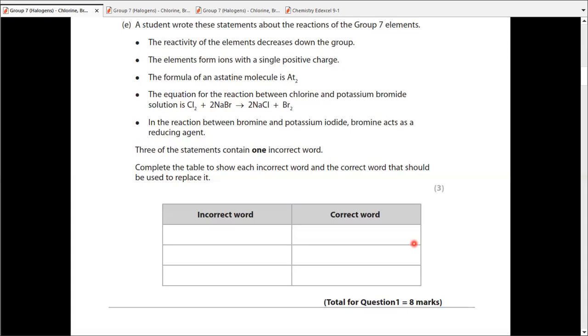Now, this whole part E has been taken from the summary of this chapter. The summarizing points are given at the very end of the chapter, right before the extension part. So it would be really easy for you to read the statements from here, compare those parts from there, and then find the incorrect words, identify them, and correct them too. Go ahead.